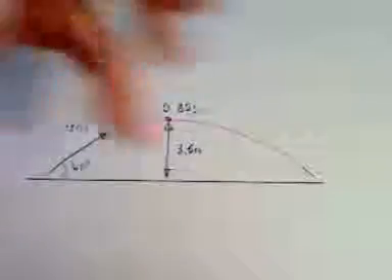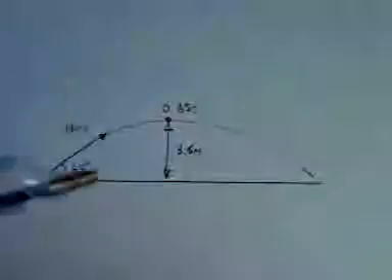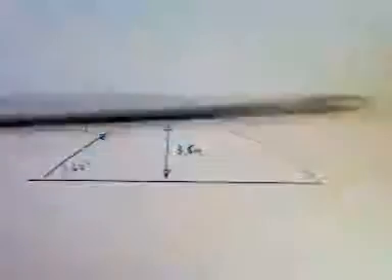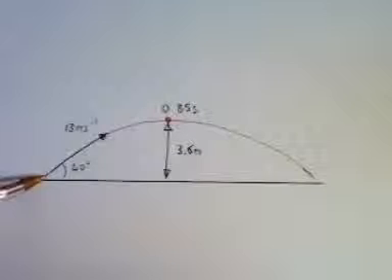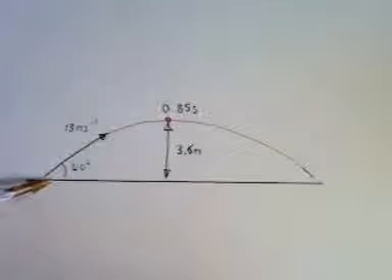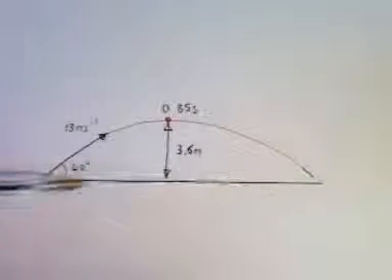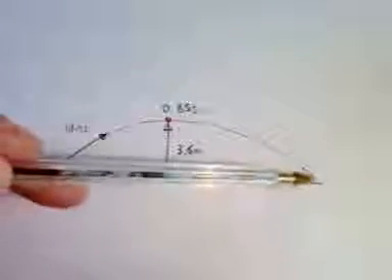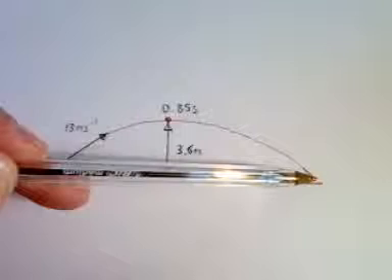Let's just think for a moment. If we return to this diagram, what can we say at this point here, just before the projectile hits the ground? Well, we'll certainly have horizontal displacement. The projectile will have travelled all the way over here relative to the start, but you can see that relative to that start point there's no vertical displacement at the moment just before it hits the ground.